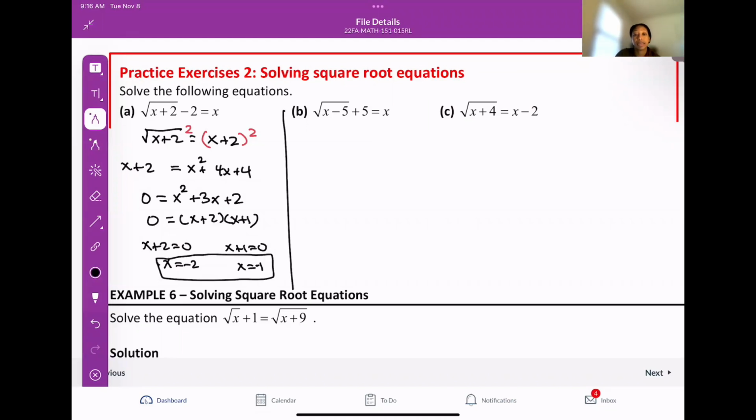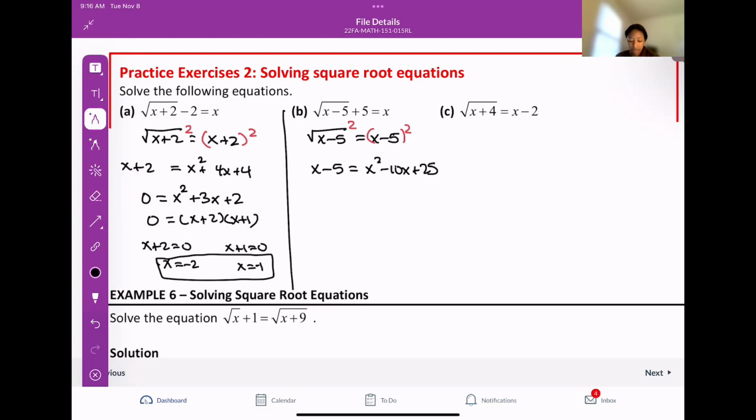All right, on to B. The square root of x minus 5 plus 5 equals x. If we subtract 5 from both sides, that's the square root of x minus 5 equals x minus 5. And then if we square both sides, we get x minus 5 equals x minus 5 squared, which is x squared minus 10x plus 25.